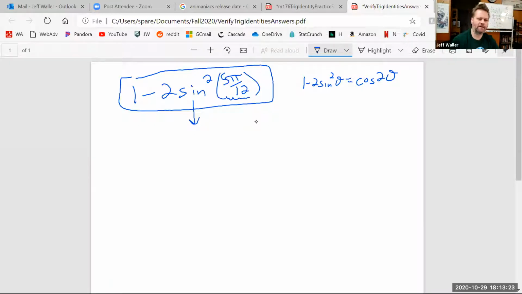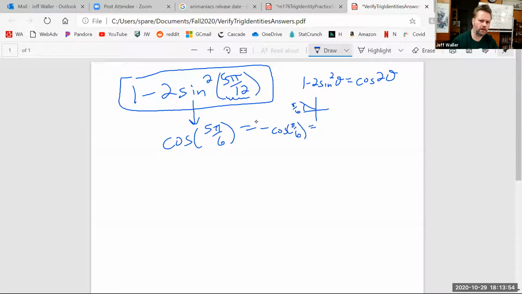It's not exactly the same, is it? I didn't put any inverse in there. Do you want me to put some inverse in there? No, I don't, because then it wouldn't really work. So then cosine of twice this would be 5 pi over 6, and then you can just do that like normal, right? You're in quadrant 2, pi over 6 reference angle. So you know this is going to be negative, right? So negative cosine of pi over 6.